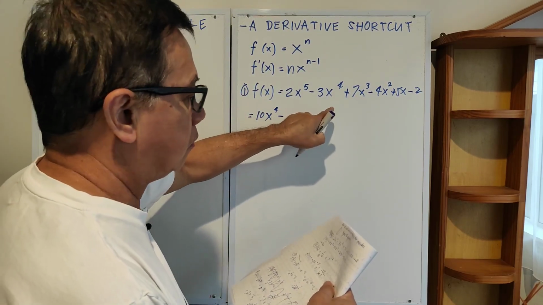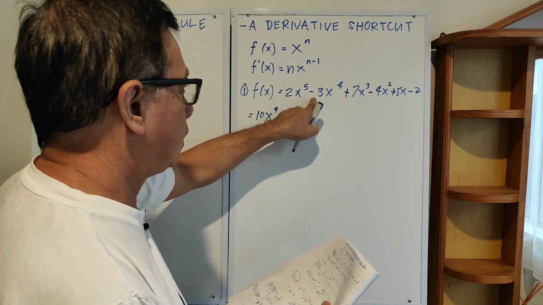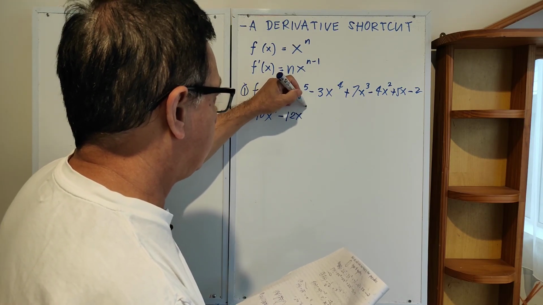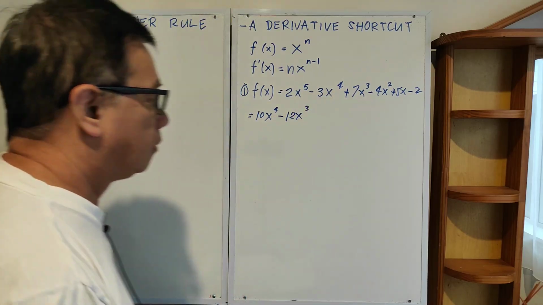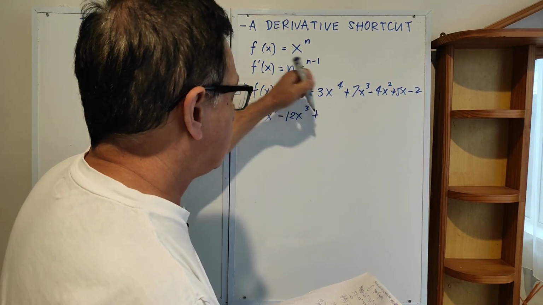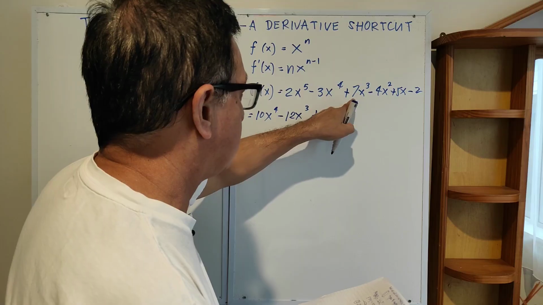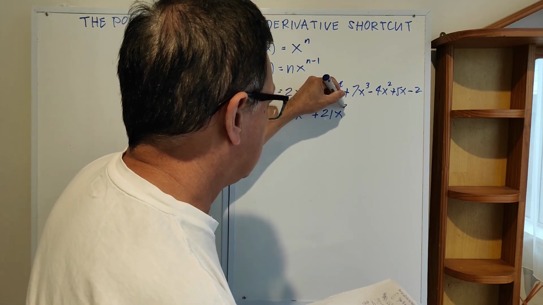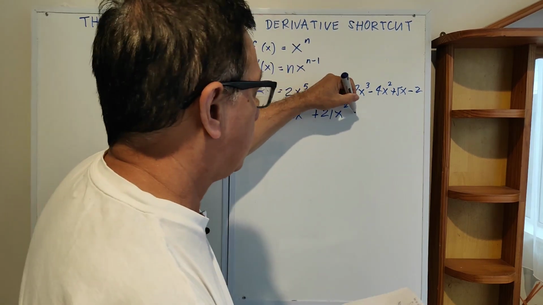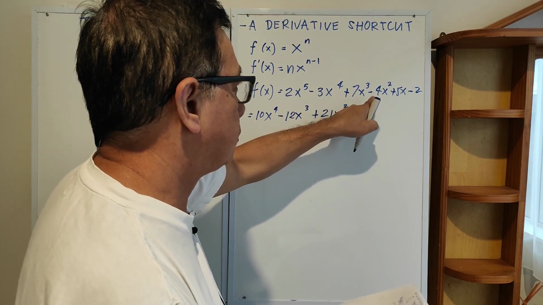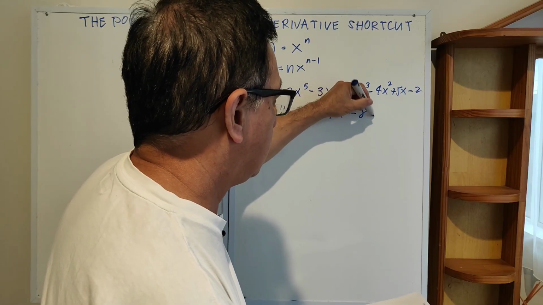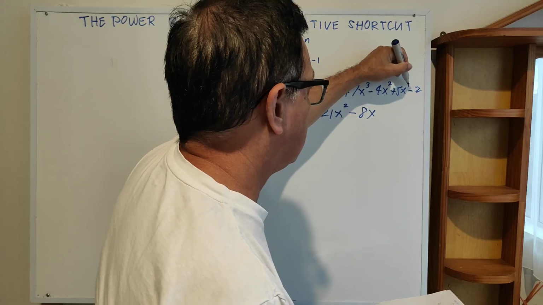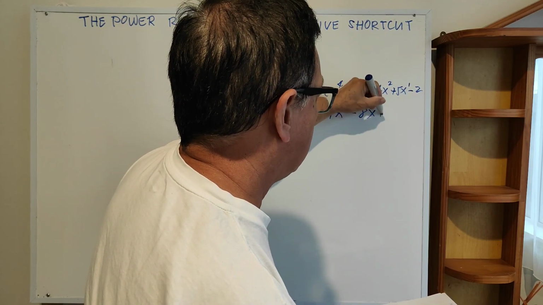Minus, 4 goes down in front of 3, so 3 times 4 is 12x cubed, because we subtract 1 from 4. Plus, 3 goes down in front of 7, it becomes 21, so x cubed becomes x squared. Minus, 2 goes in front of 4, so it becomes 8x. Now here is x to the 1, so 1 comes in front of 5, still 5.